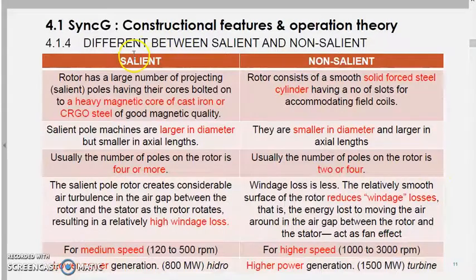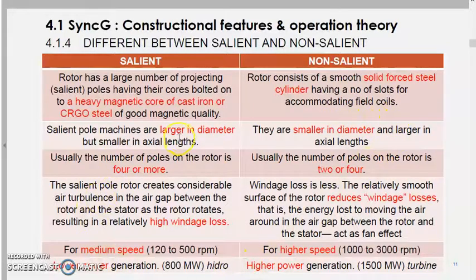So what are the differences between salient and non-salient poles? For the salient pole, the rotor has a larger number of projecting salient poles with their coils bolted on the rotor, on the shaft. Meanwhile, for your non-salient pole, the rotor consists of a smooth solid forged steel cylinder. We have no slots for accommodating field coils.